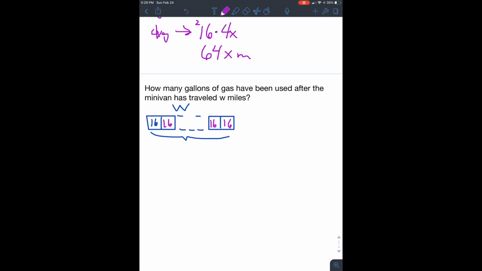Well, our total amount that we've traveled can be divided by our units of 16 to get how many gallons we used. So if it's saying how many gallons, we're in luck because we know how to do that. We can do our W divided by 16 gallons.